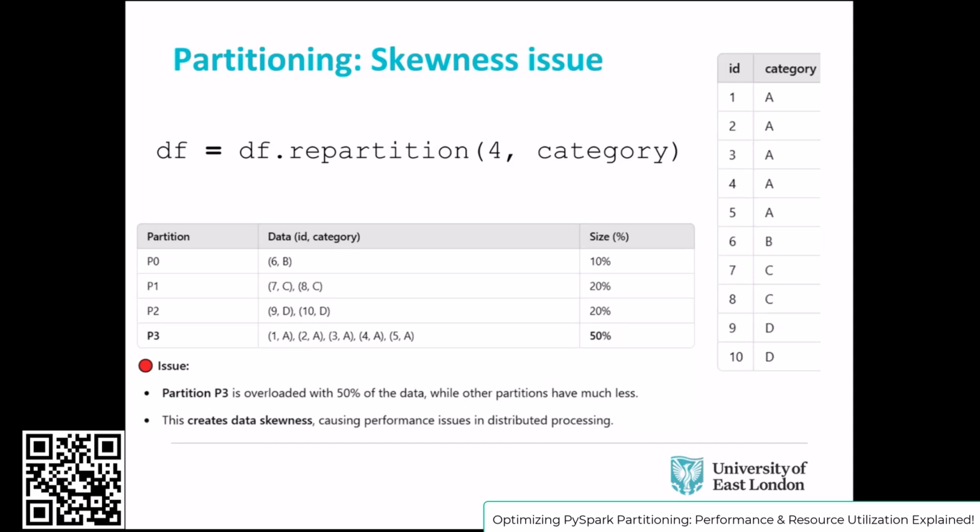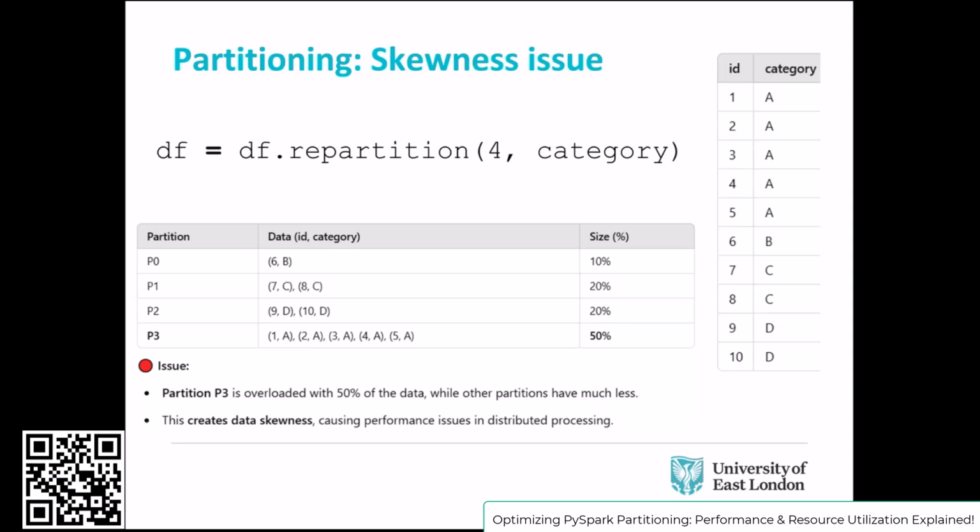So skewness means, yes, very related, that's perfect. Skewness means there is uneven data distribution, right? Like what we said. So uneven data distribution, guys, this is a very big issue and concern in parallel processing, right?